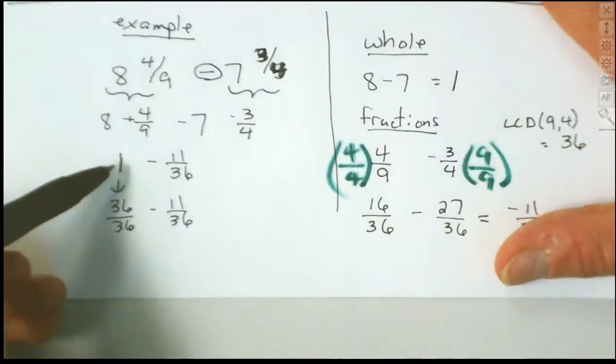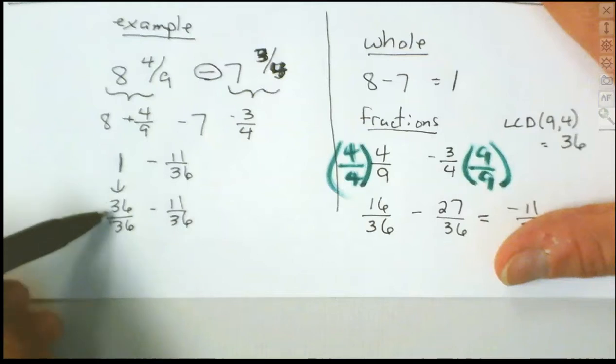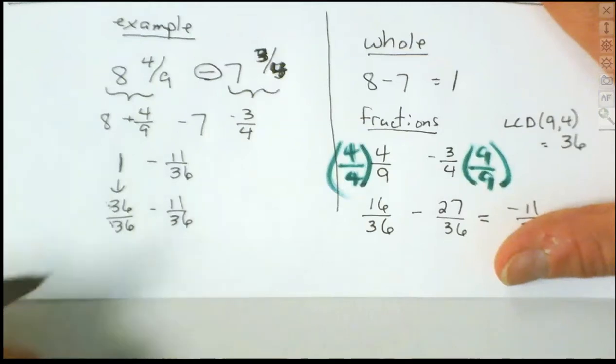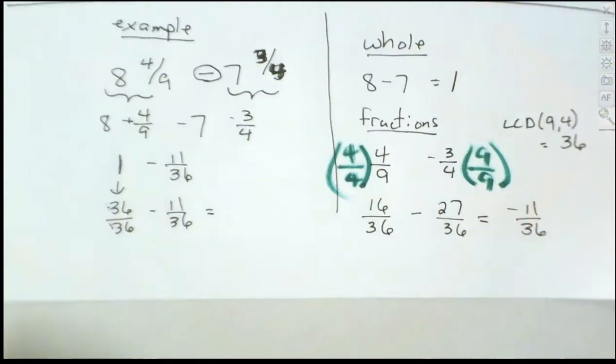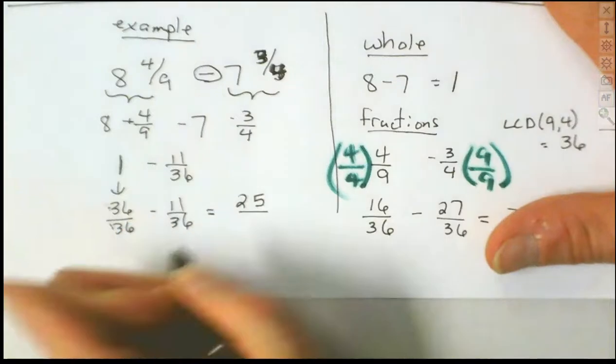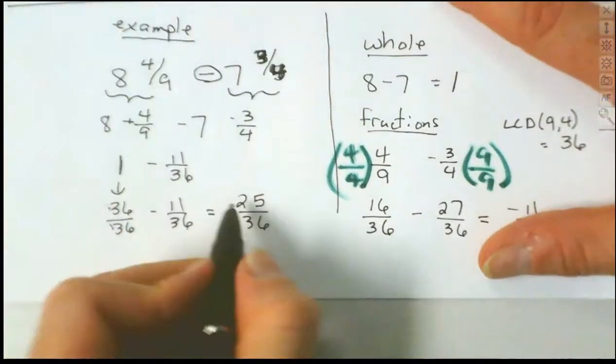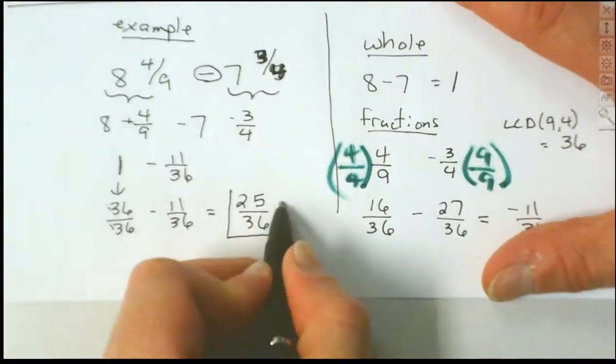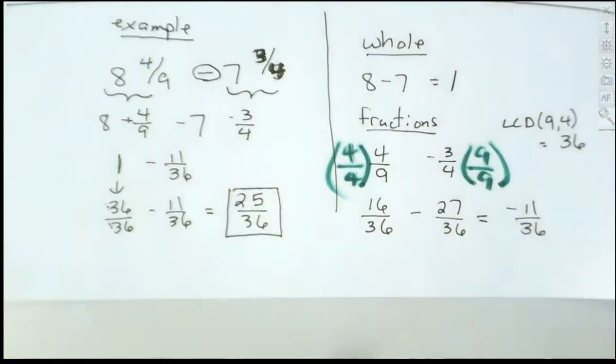But 1 is the same thing, so we're going to write that as 36 over 36. And now we can put those together. We've got 36 minus that 11. That makes it then 25 over 36. And that's going to be your final answer there.